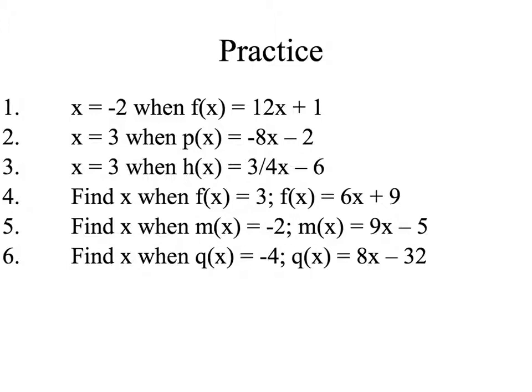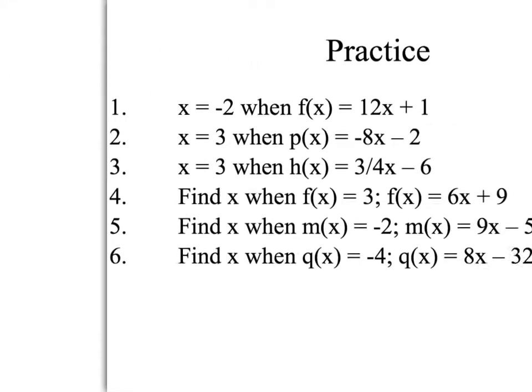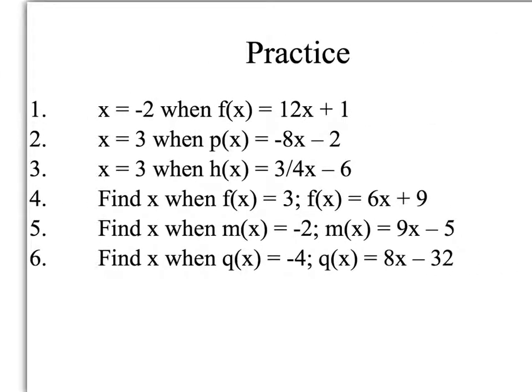So now that you've solved them on your own, looking here at the first one. This says everywhere I see x, plug in -2. So when I plug -2 into this problem, I get -24 plus 1, which gives me an answer of y equaling -23.